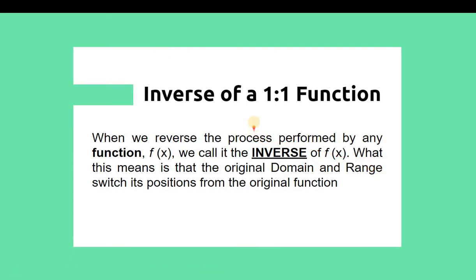And we have the concept of 1:1, meaning kung ano yung nakalagay sa domain mo, dapat meron siyang equivalent na isa doon sa range. If your function is 1:1, okay, at hindi siya relation, then you can inverse it or pwede mo siyang pagbaliktarin. What you just need to do is switch its positions. Pagpapalitin mo lang yung pwesto niya.